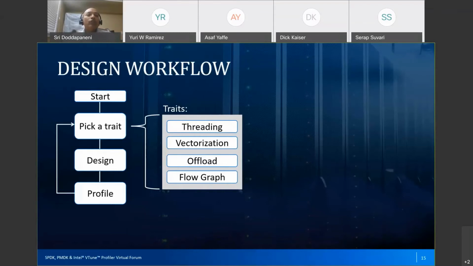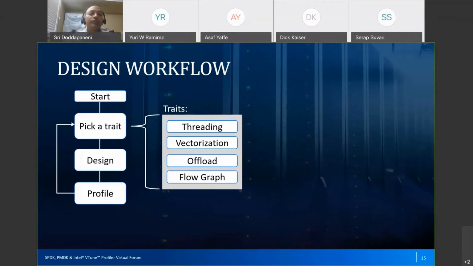So if you're doing one of these things, what do you do? You can say, I have existing software, which may not be threaded, or may be threaded but not vectorized, things like that, in any order. You can pick threading and say, it's threaded, but not at the level that I want, because I need more thread parallelism in my code to fully utilize the hardware I'm targeting.